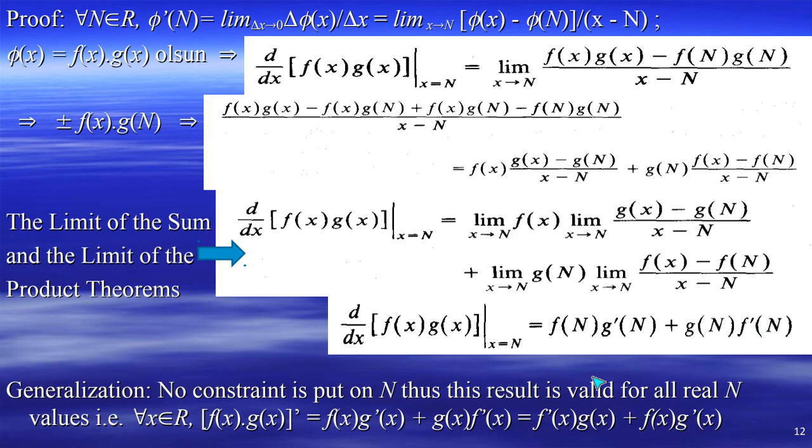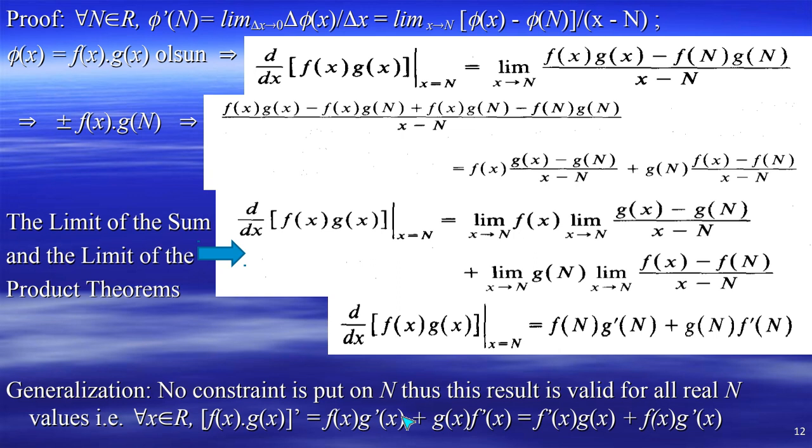And since no constraint is put on n, this result is valid for all real x. So the derivative of f of x times g of x will be f of x times g prime of x plus g of x times f prime of x.